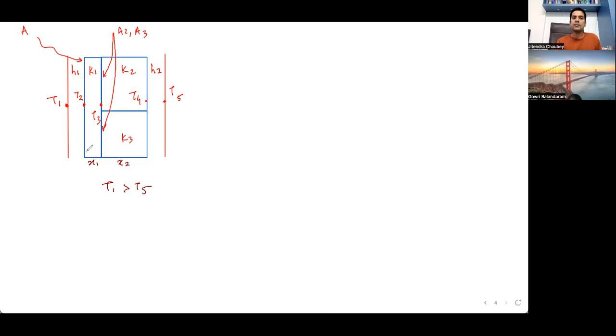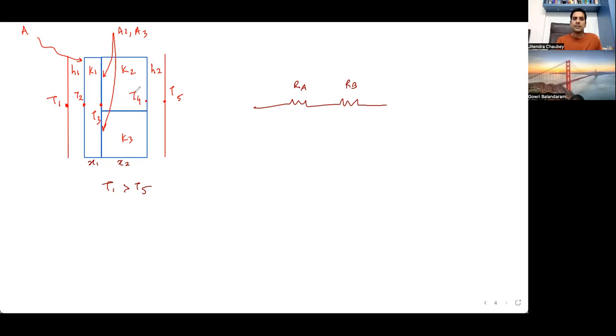So what would be its electrical analogy? First of all, there is a resistance of convection. Then there is a resistance of this layer of conduction. They both are in series. So convection, conduction. Let us name them as RA and RB: RA for this convection, RB for this conduction.